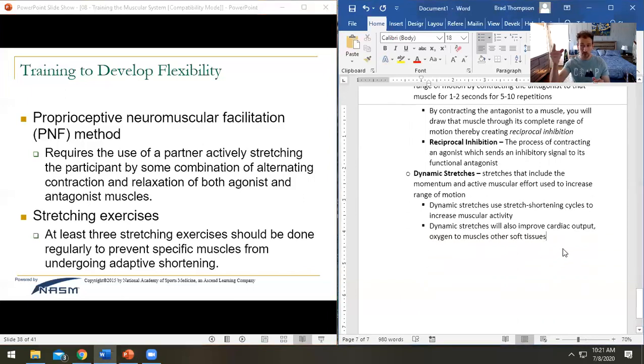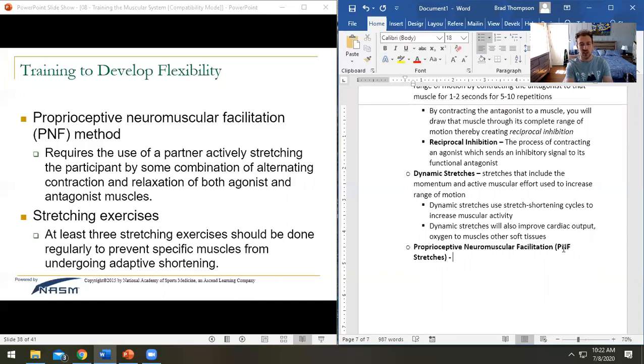Now, one more that we haven't really talked too much about, but we have also got proprioceptive neuromuscular facilitation, or more commonly, PNF stretches, okay?